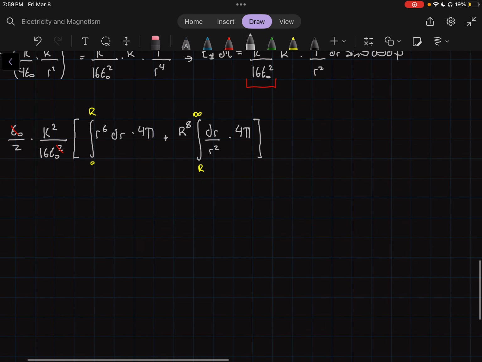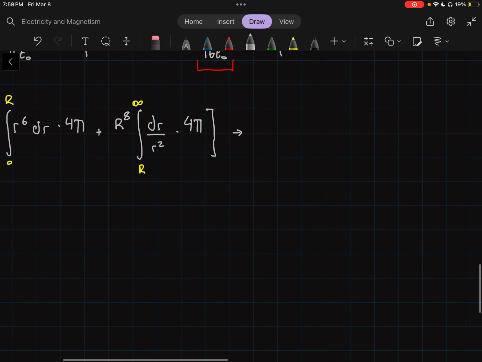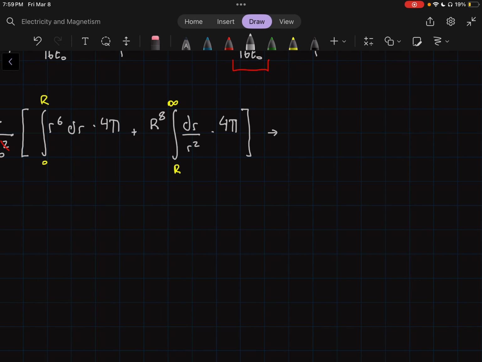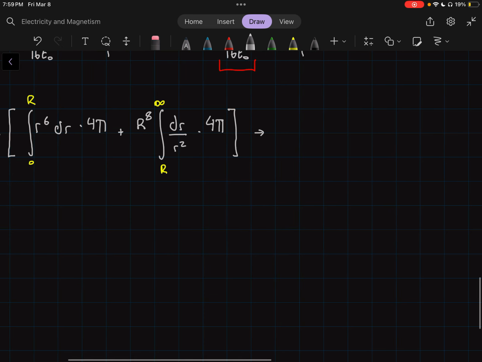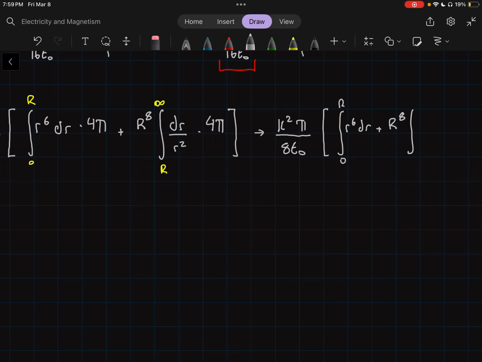So we can go ahead and factor out the 4 pi, and also deal with the 2 out there as well. This will end up giving us k squared pi over 8 epsilon naught times the integral from 0 to r of r to the 6th dr plus big R to the 8th times the integral from big R to infinity of dr over r squared.